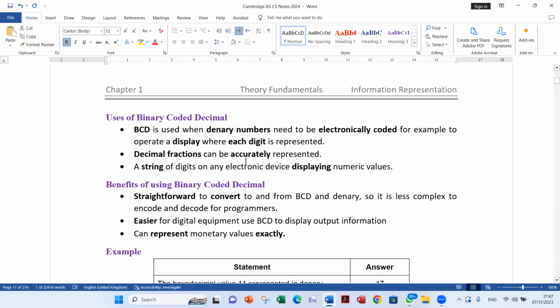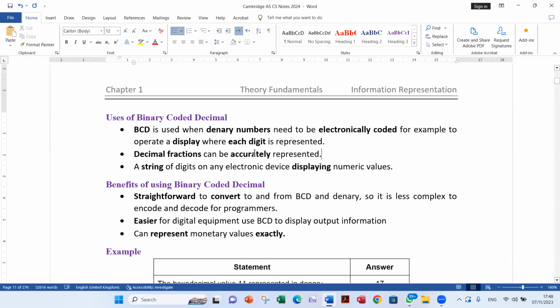Decimal fractions can actually be represented. Students doing A2 will see the complexity of representing fractions in binary. So if you have a fraction and you just want to display it and you don't want to go into that complexity of representing a fractional part in binary, because not all fractional parts can be exactly represented, then you use decimal BCD.